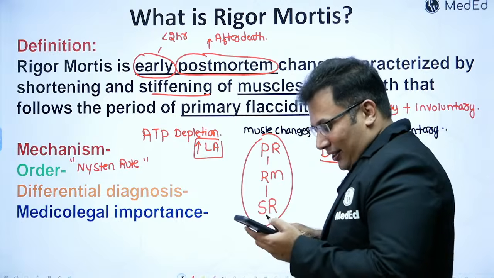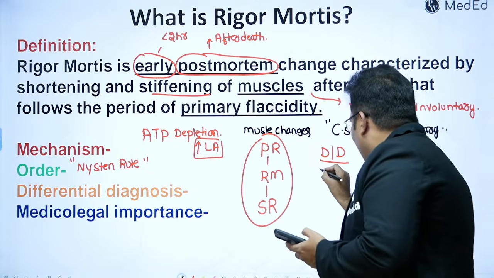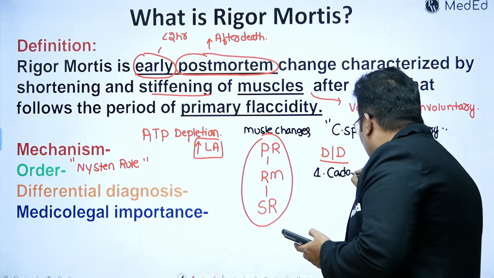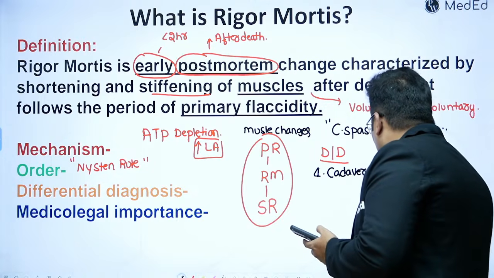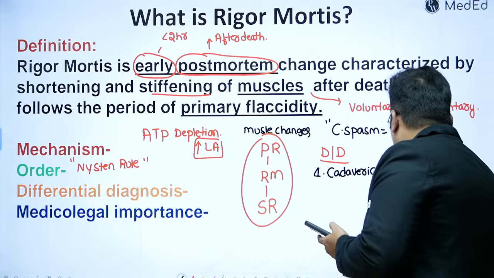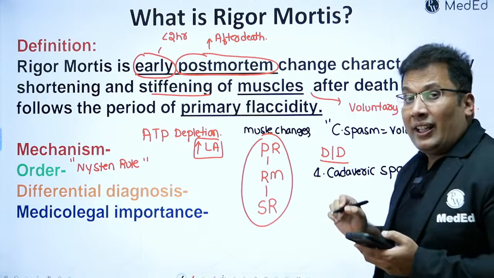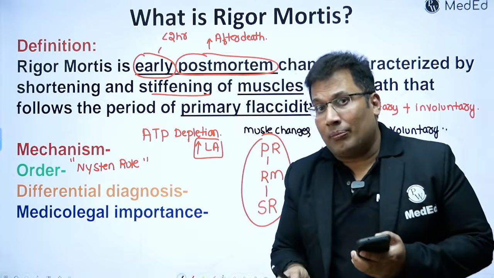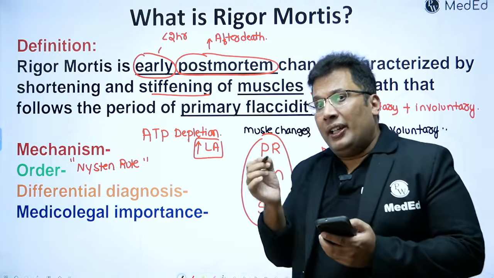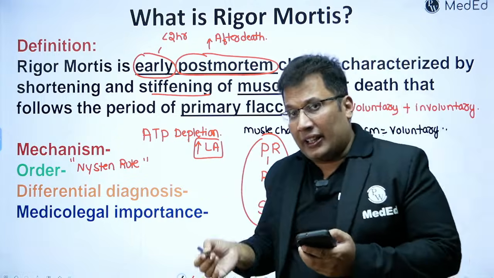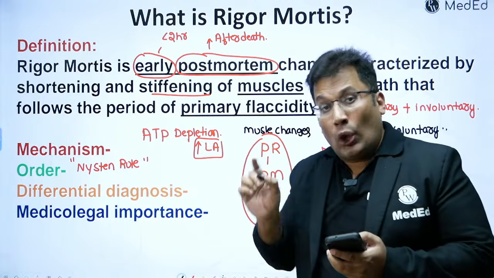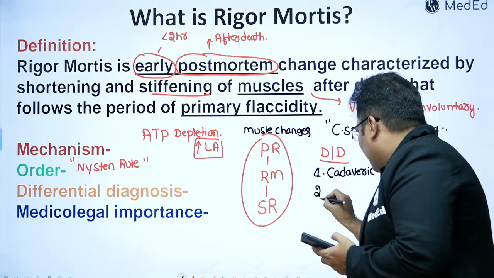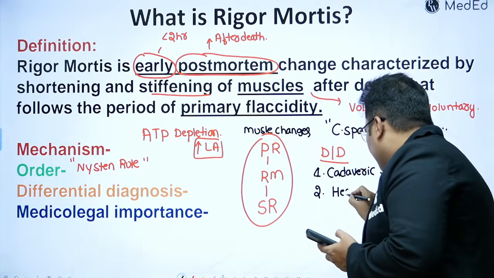The first is cadaveric spasm. Remember, cadaveric spasm is always antemortem, and the pH is alkaline. It shows the manner of death. It occurs in voluntary muscle, not involuntary muscle. One differential diagnosis. Second, heat stiffening.